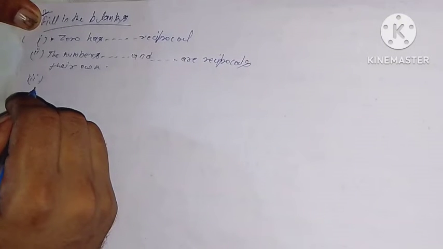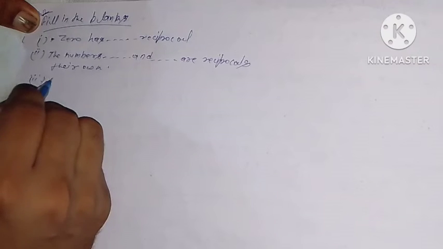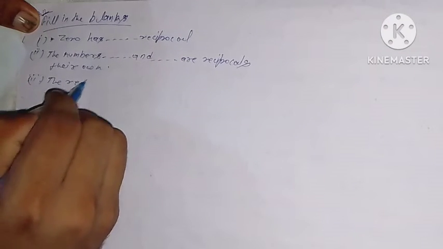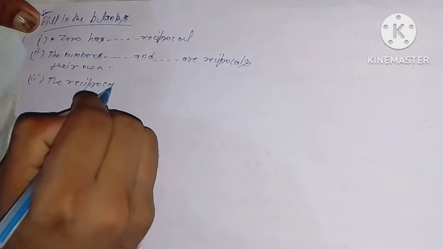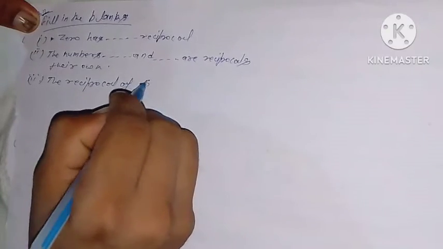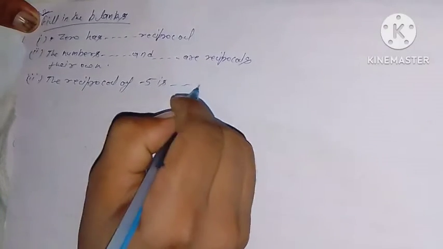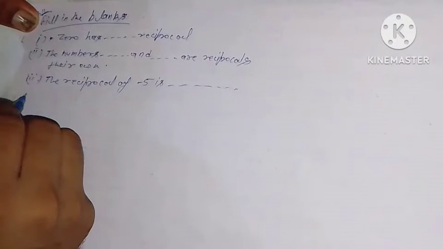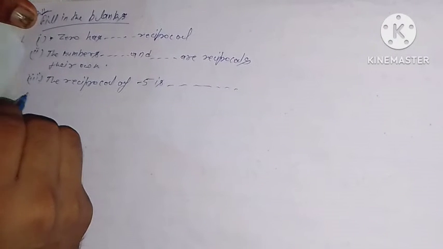Third question: the reciprocal of minus 5 is dot dot.